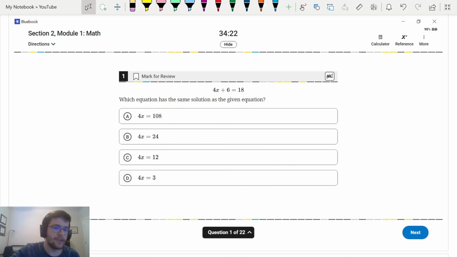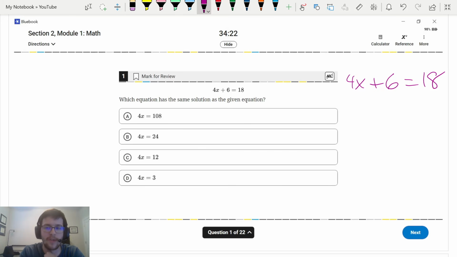Okay, let's get started with Module 1. This is question 1, Module 1. So 4x plus 6 equals 18. Whenever we solve an equation, we want to move the farthest thing first. So there's a 4 and a 6, and you see that the 6 is farther away from the x.